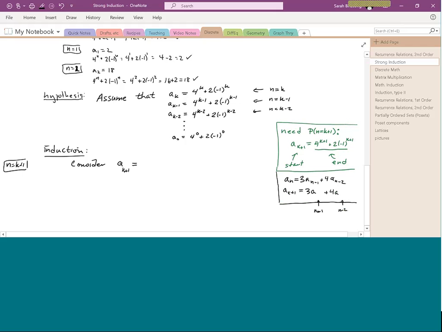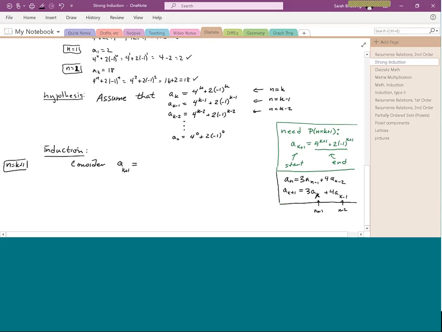Yep, perfect. Anybody got what should be the subscript on that next term, the one that's after the 4? That's where we're supposed to have n minus 2, and n is supposed to be k plus 1. Yep, so that one would be k minus 1.